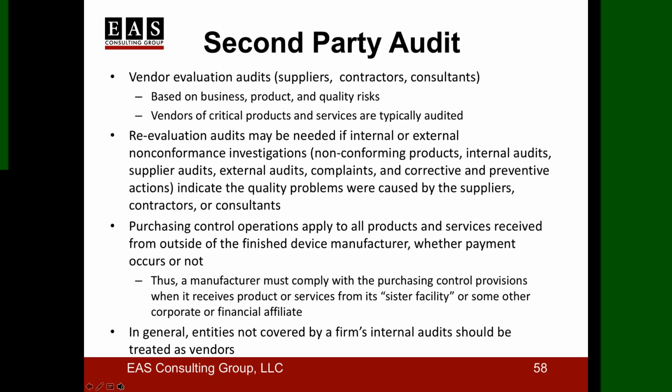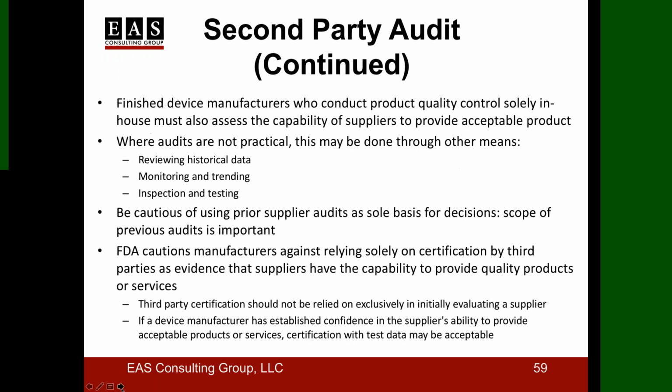So again, these audits are the same as the internal audits. They're all risk-based. In this case, purchasing controls comes into place. So if the audit is bad, then it has to go to the company's purchasing group to say, do we need to keep this approved supplier, contractor, or consultant, or should we disapprove them and get somebody else as a result of these audits?